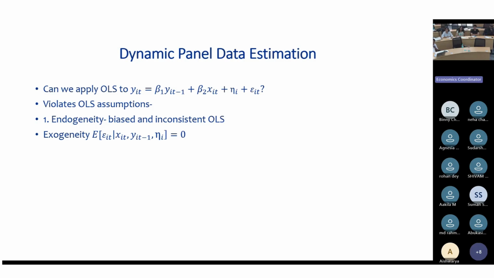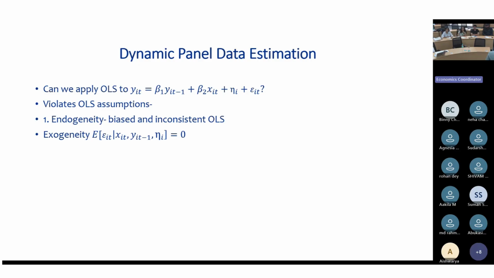Why is it correlated? For a given value of this idiosyncratic error and the given values of X, Y_{i,t-1} is related to eta_i. Or in the sense, what I'm saying is that Y_{it} is related to eta_i, right?